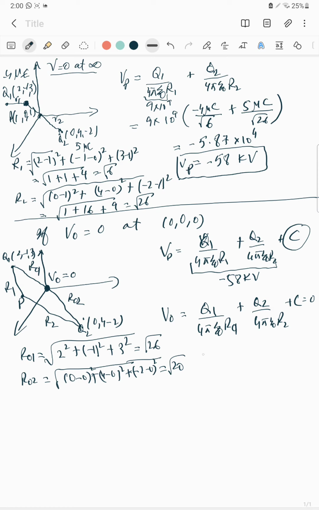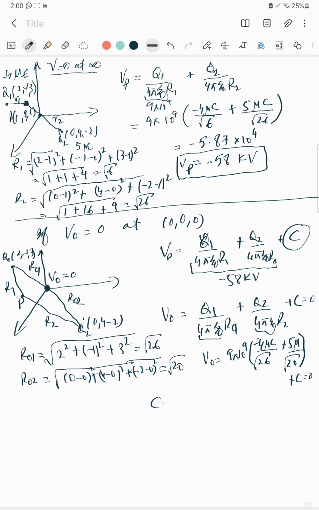So now my V0 will be equal to, I again take this common factor, 9 multiplied by 10 to the power 9, Q1 which is minus 4 microcoulomb divided by R01 plus 5 micro divided by square root of 20, and plus C equal to 0.